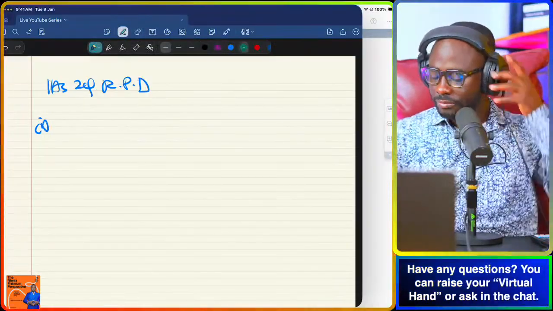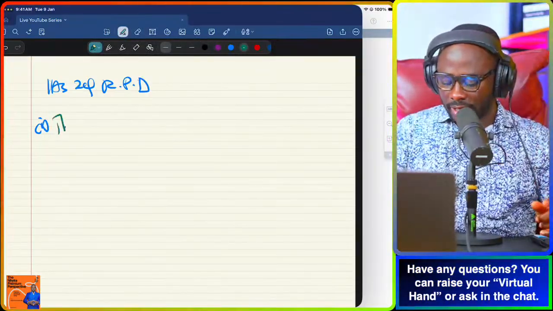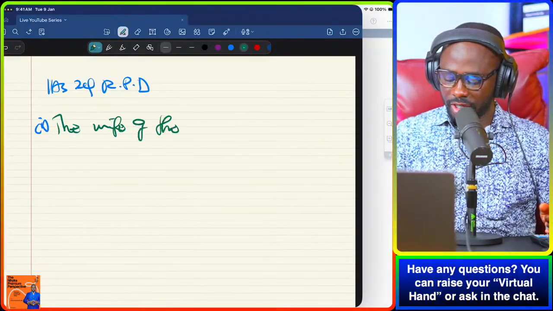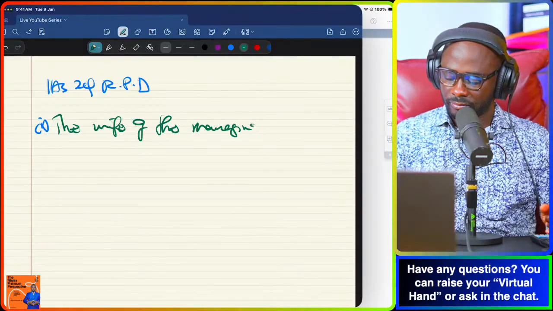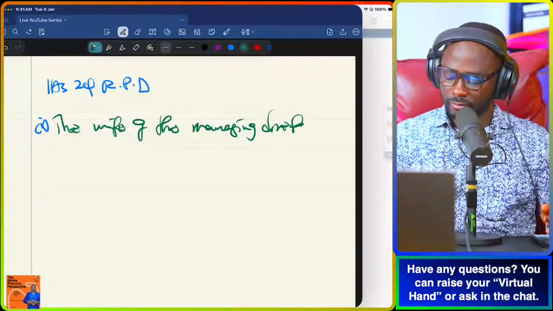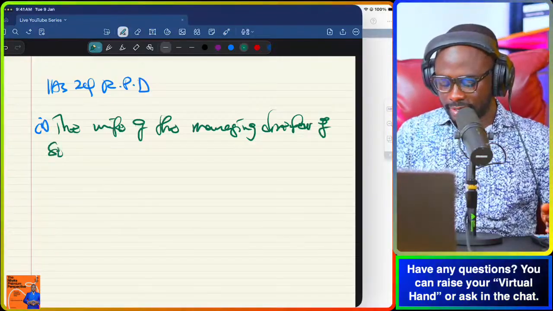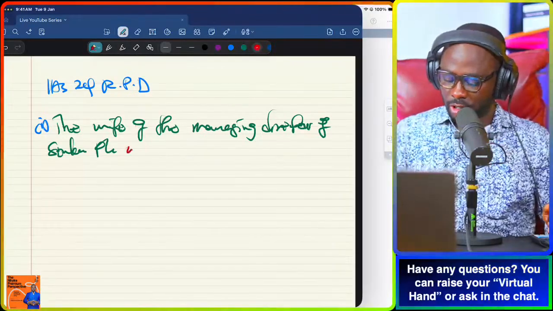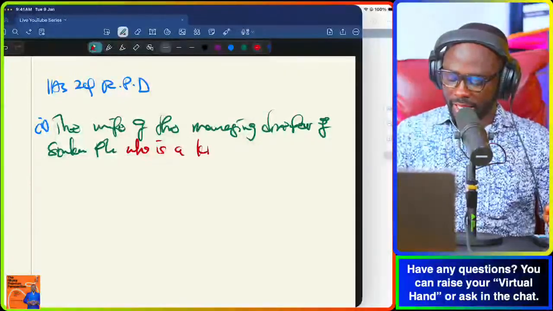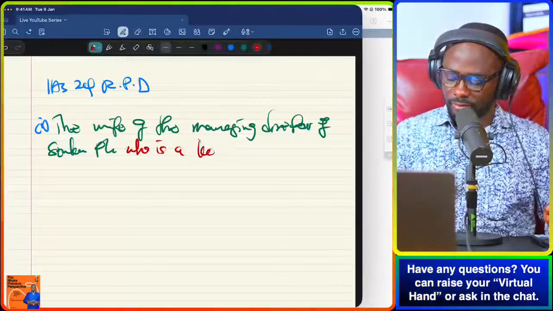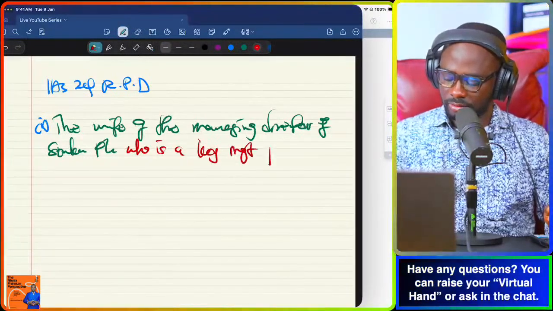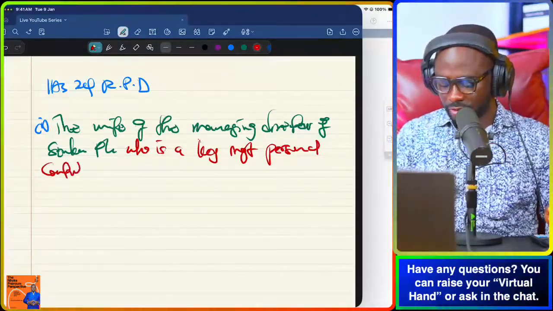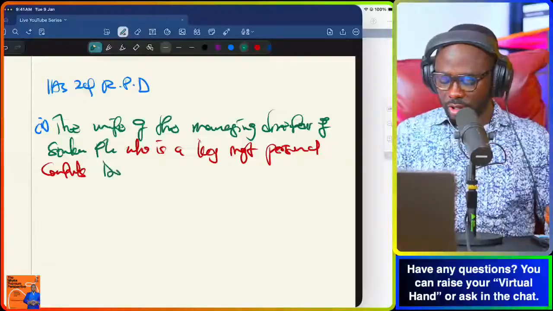Okay, so the wife of the managing director of Senku PLC, who is a key management personnel, controls Dondo Limited.